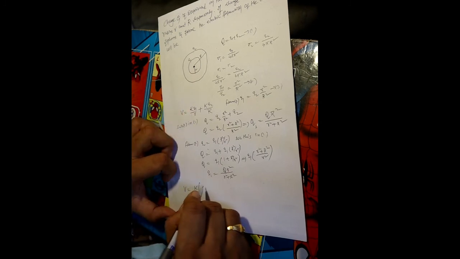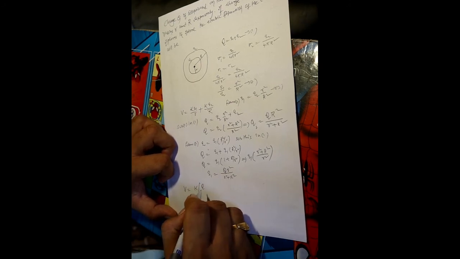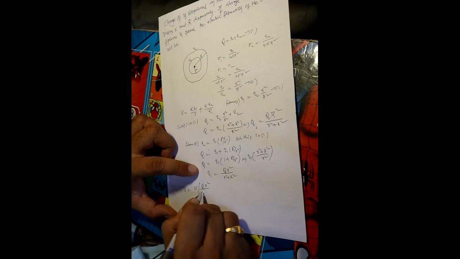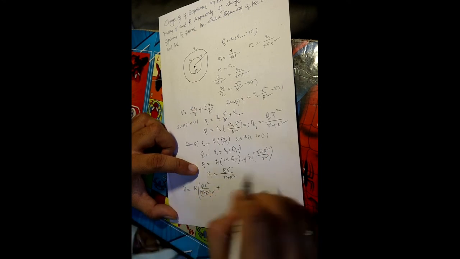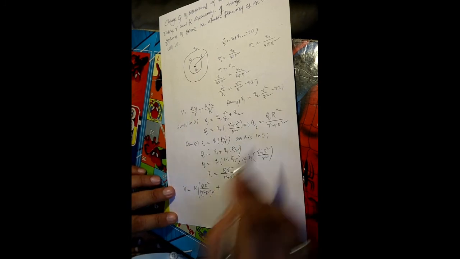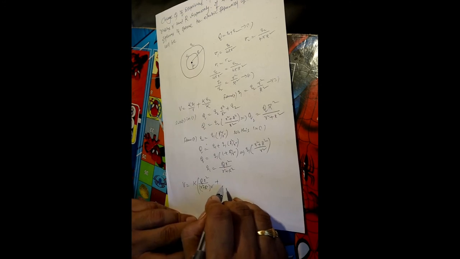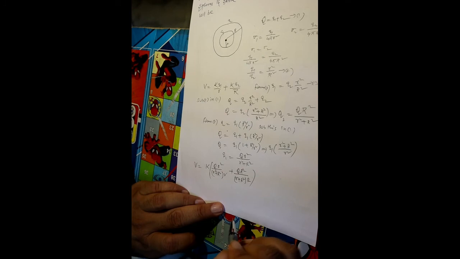Q1 is equal to Q r square by r square plus capital R square into small r, plus Q2, which is Q capital R square by small r square plus capital R square into R. Okay.